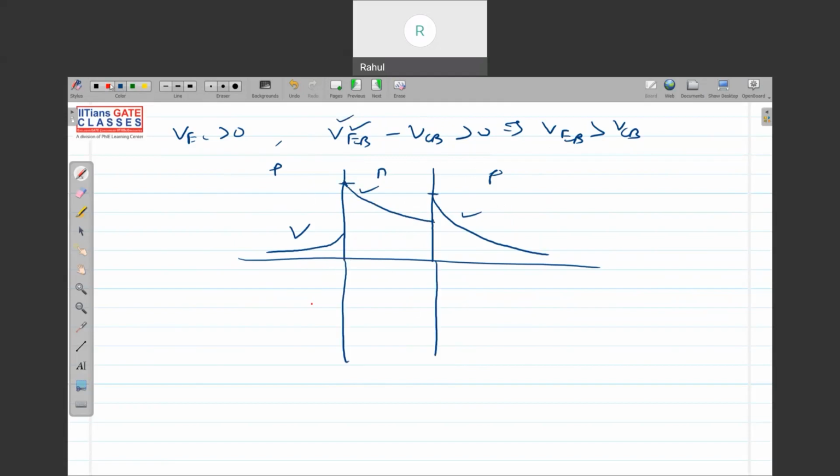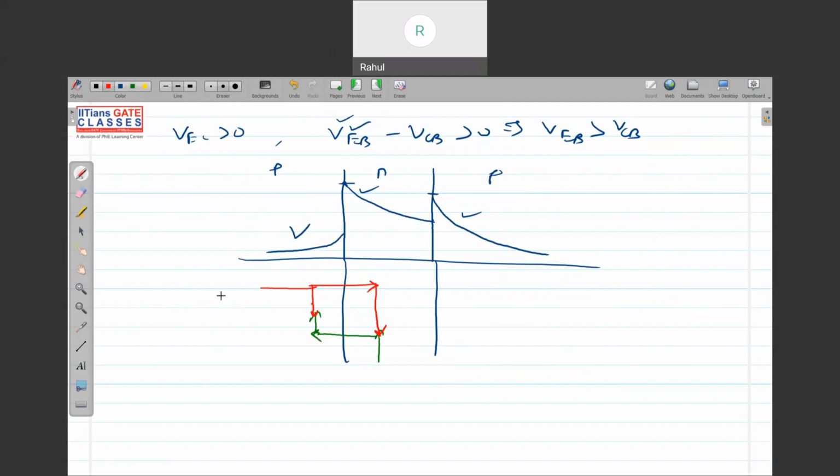Very clear now. You see, holes will be injected from emitter to base, right? And some of them will recombine with the electrons. Also, the electrons will be injected from base to emitter, so they will recombine with the holes.